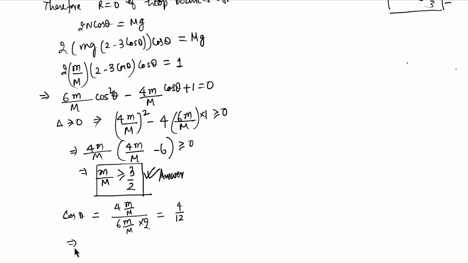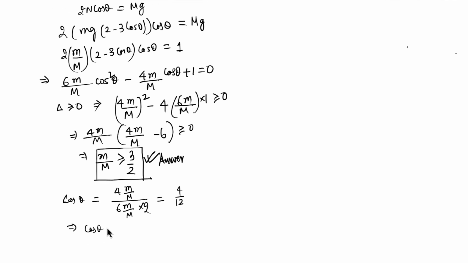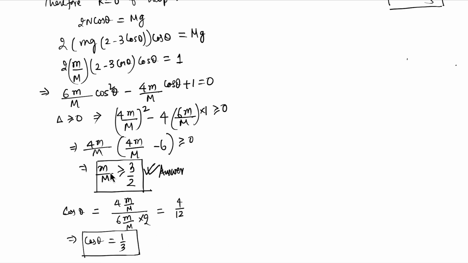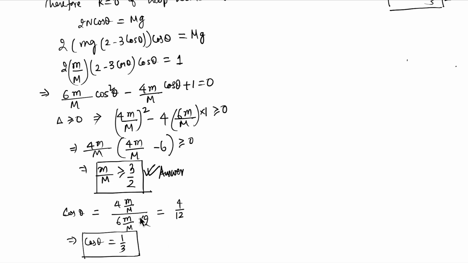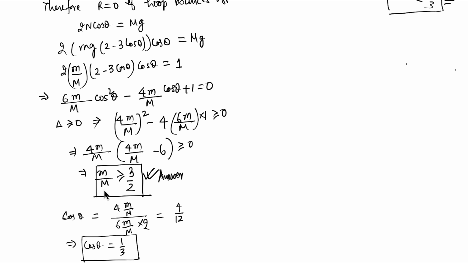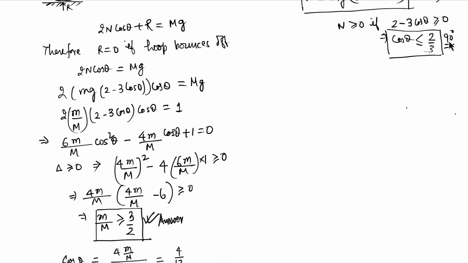Therefore, cos theta is 1 by 3. So at this theta, if m/M is 3 by 2, the hoop will bounce. But this is the minimum condition, that m/M should be greater than or equal to 3 by 2. If it is heavier, then the hoop will bounce much before this angle. But this is the maximum angle, which is definitely less than 2 by 3, which we figured out here.